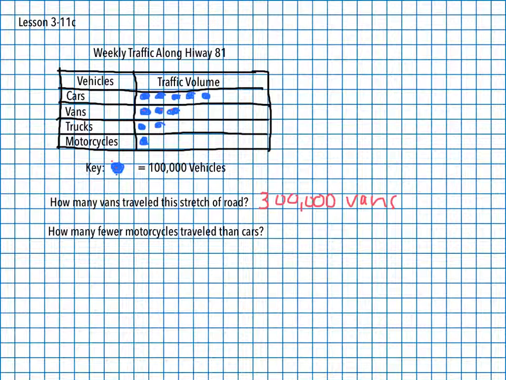Now, looking at the math, we know that there were fewer, so it means there's going to be subtraction. Cars, we had 500,000 because we had 5 blue dots. We had 100,000 motorcycles because there was 1 blue dot. So that's going to give us 400,000 fewer motorcycles.